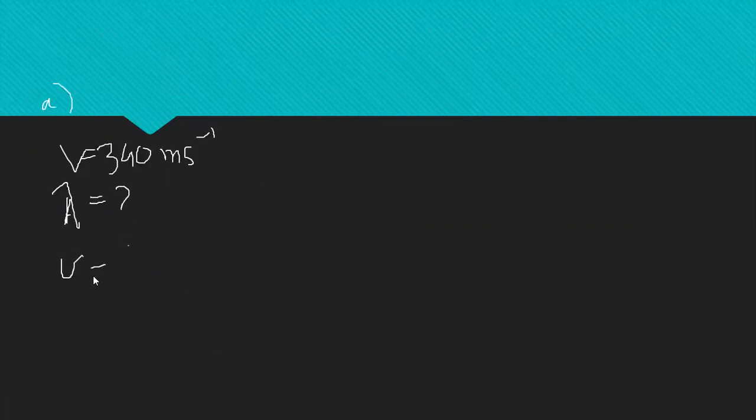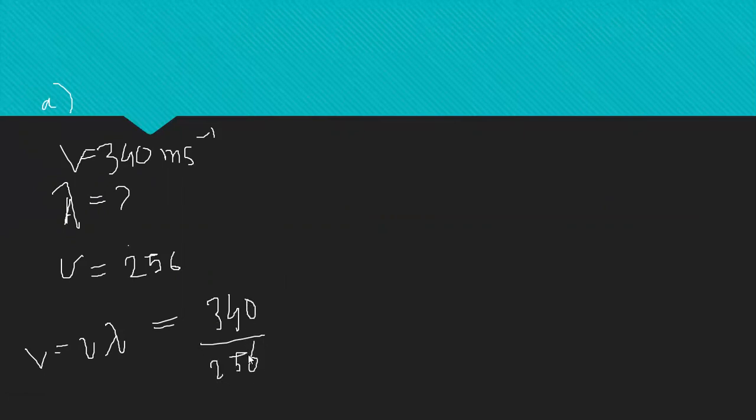We will apply the same formula, v equal to nu into lambda. So this will be 340 by 256 will be the value for lambda, and when you calculate this further you will get 1.232 meter or somewhat near that.